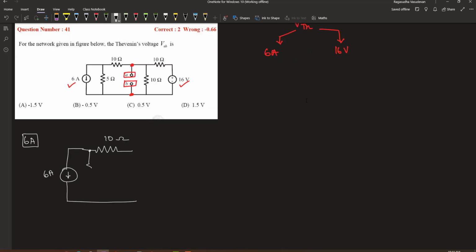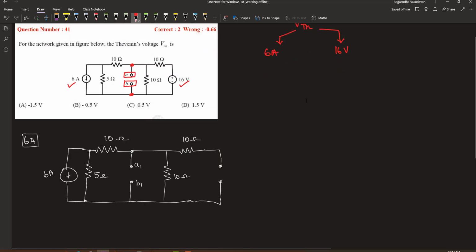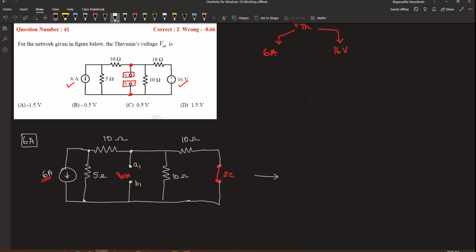First, let us consider the 6 ampere source. Since we are considering only the 6 ampere source, we nullify the 16 volt source by replacing it with a short circuit, and now we find VA1B1, the voltage contributed exclusively by this current source. Let us apply source transformation and change this to a voltage branch with a voltage source of 6 into 5, which is 30 volt, in series with a 5 ohm resistor.